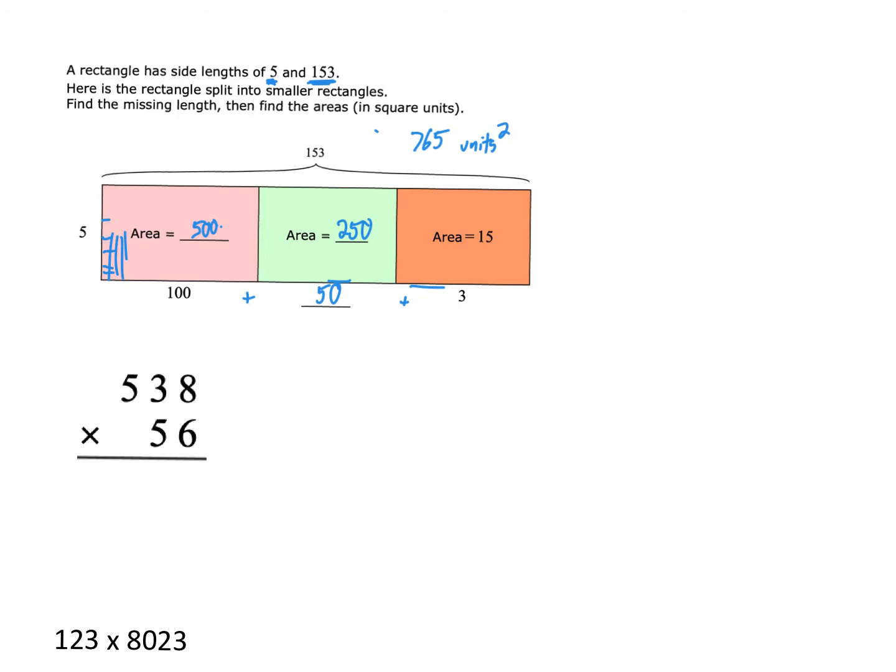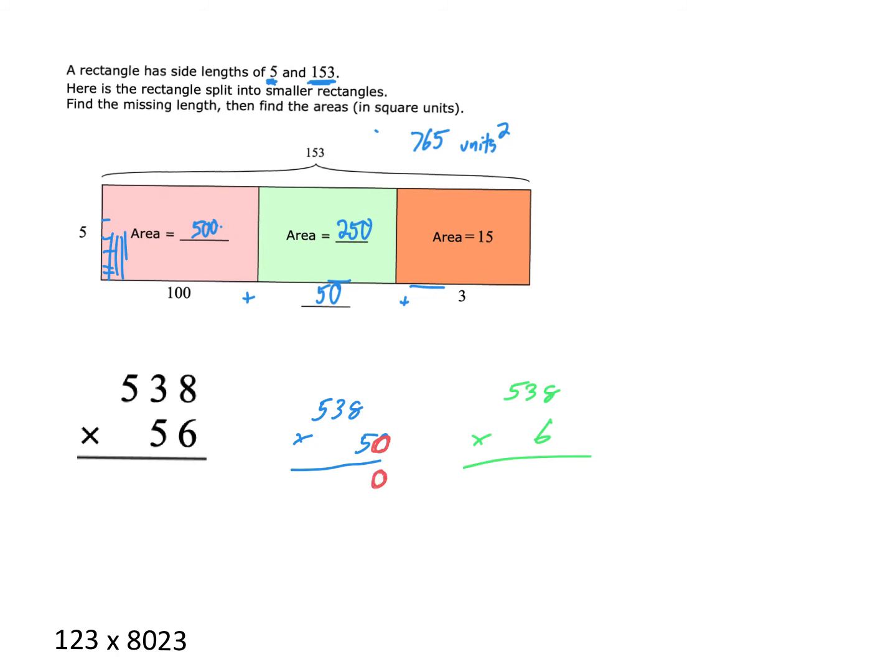Okay, this next one, 538 times 56. So we're going to break up the 56. We're going to break it up into 50 and we're going to add 538 times 6. Okay, so let's do 538 times 50 first. Now what I like to do with my zeros is I just like to keep them on the outside.